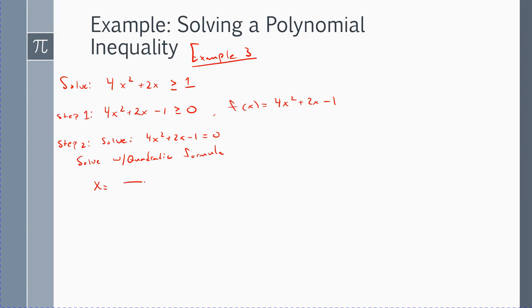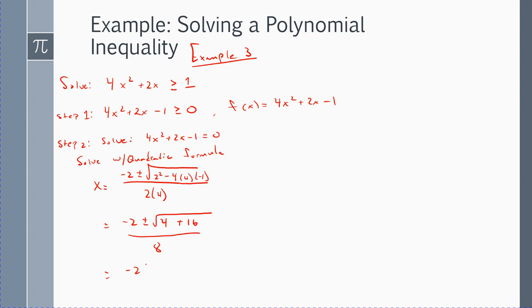So x is equal to negative b, so it's -2, plus or minus the square root of b squared, which is 2 squared, minus 4 times a, which is 4, times c, which is minus 1, all over 2a, 2 times 4. So this is -2 plus or minus, this ends up being 4 plus 16, because the negative becomes a positive, over 8.